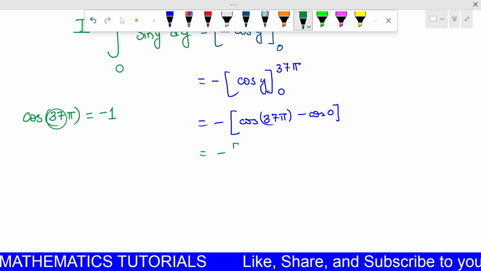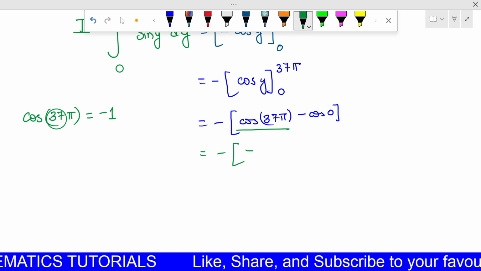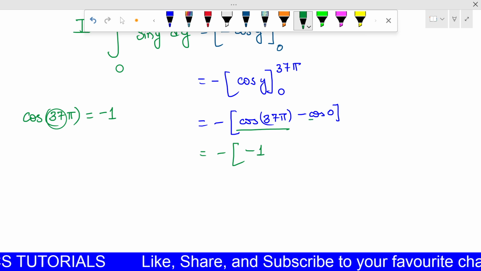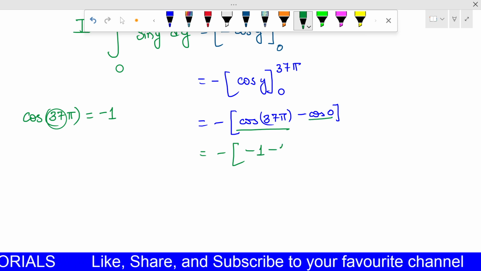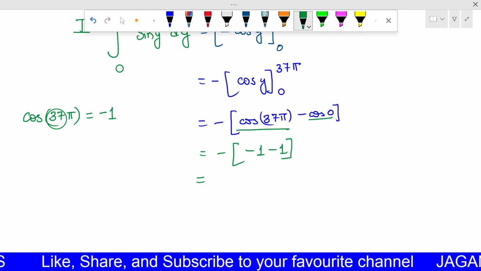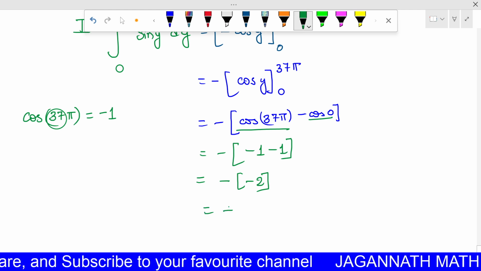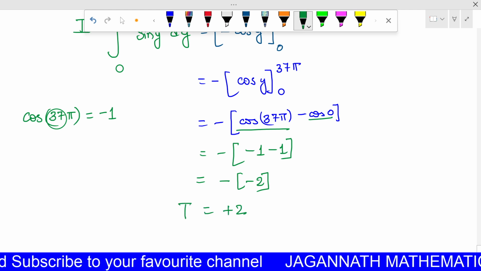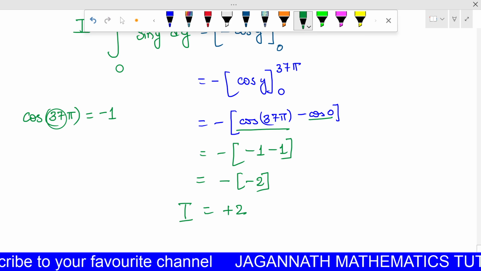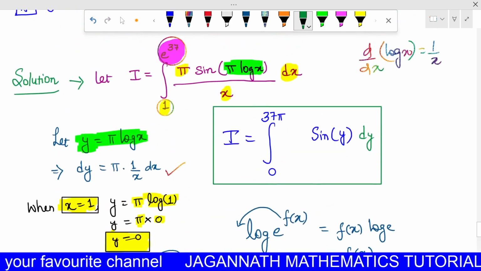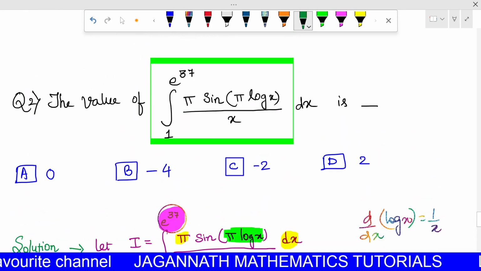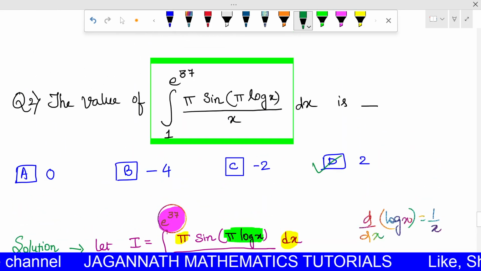So cos 37 pi is minus 1, minus cos 0 is 1, so we have minus of minus 2, which is equal to plus 2. So the value of the integral is 2, and the option is option number D, which is 2.